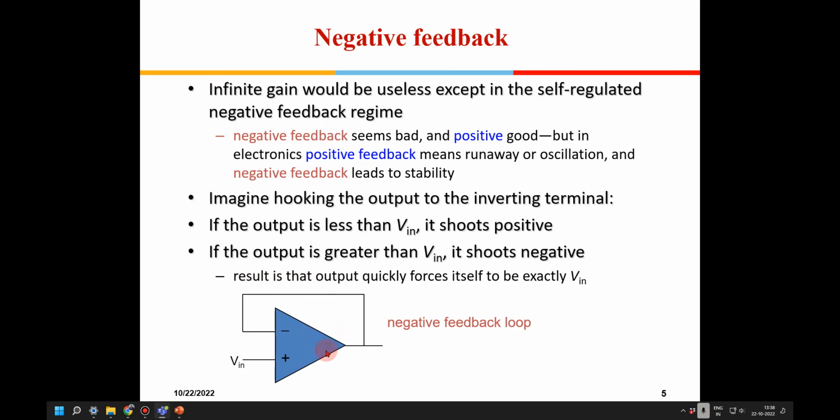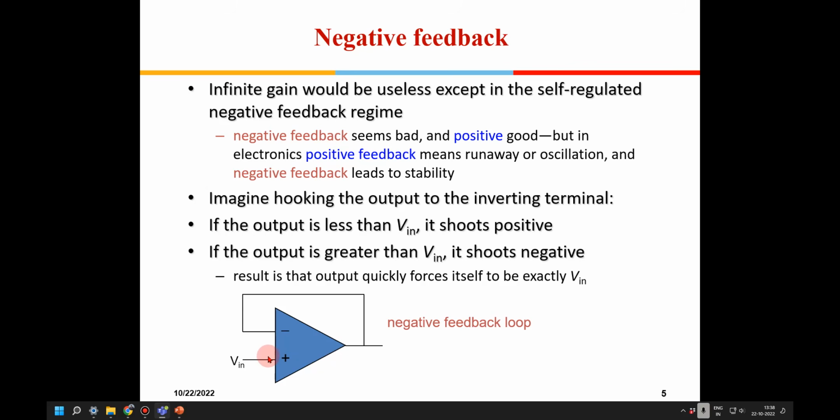So in this particular example I have shown a unity gain feedback. Here the output is given to the input out here. So what happened? Suppose initially it was 0 here, 0 here, and 0 here. It goes to 1 millivolt here, a small increment, say 1 millivolt. What is the gain?